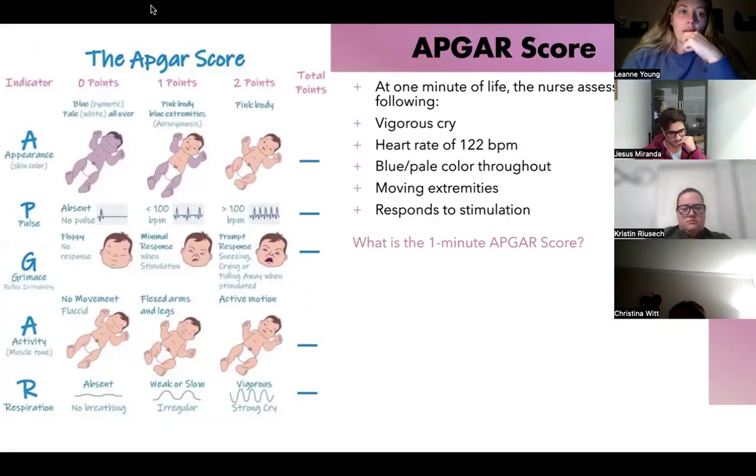So let's practice. At 1 minute of life, the nurse assesses the following. Charlie has a vigorous cry. His heart rate is 122. He has blue or pale coloring throughout his whole body. He is moving extremities and he responds to stimulation.